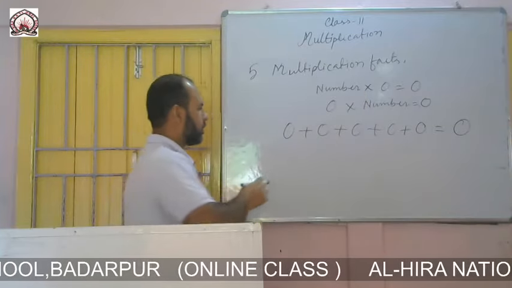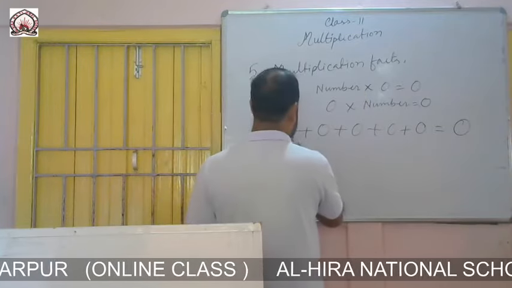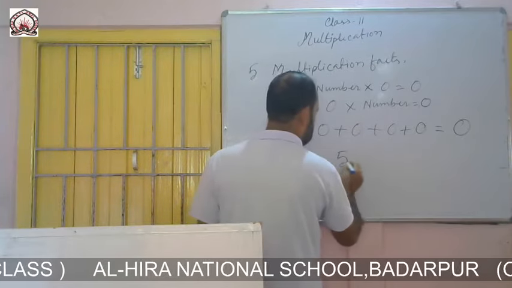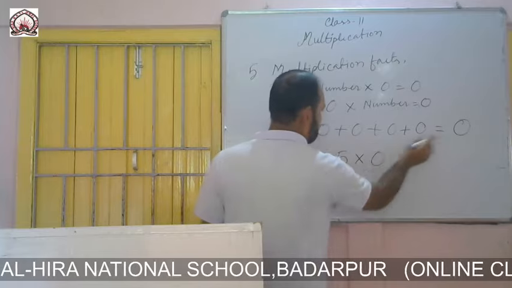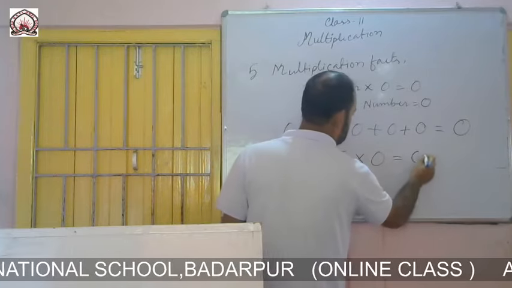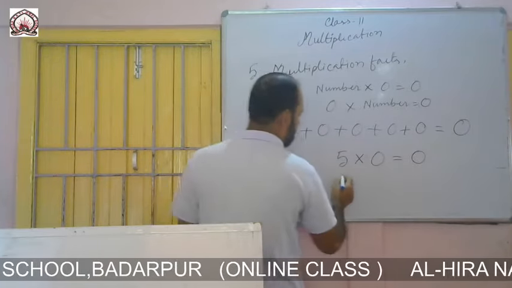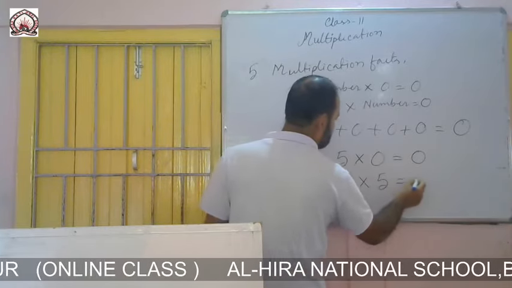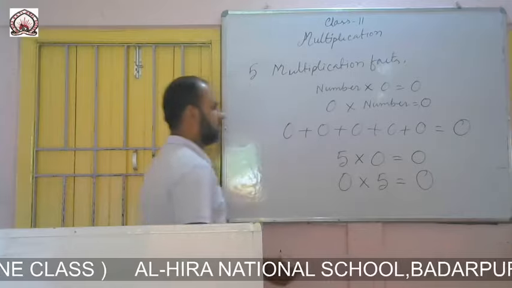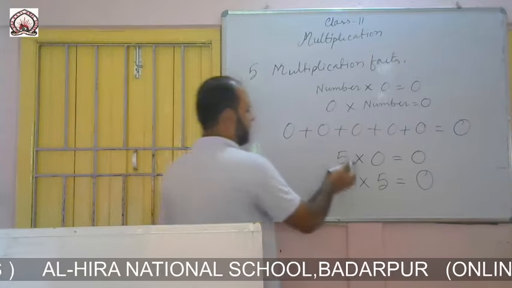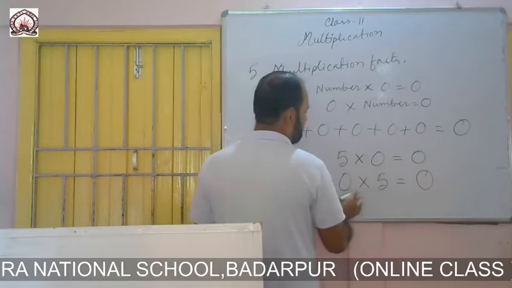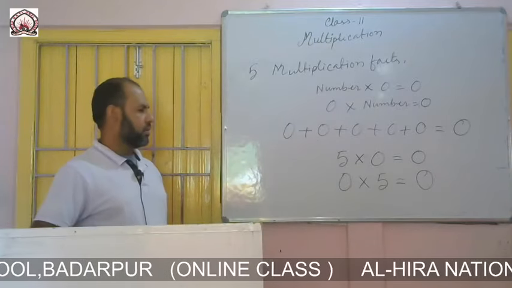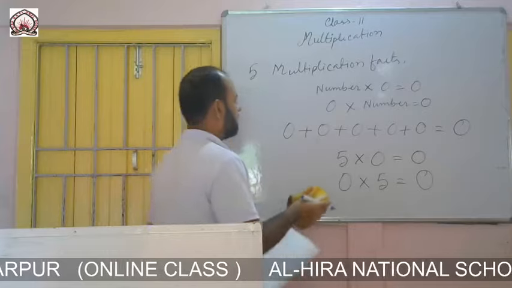Here 0 five times, 5 into 0. So what answer did we get? 0. Or 0 into 5 is equal to 0. So 0 five times equals 0, or 0 into 5 gives the same answer, 0.